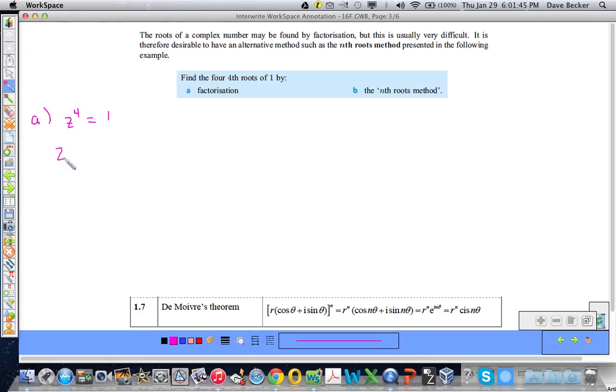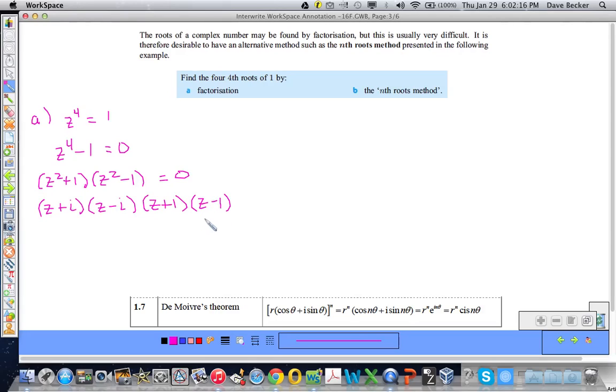By factorization, if I move 1 over, I get z to the fourth minus 1 equals 0, easy peasy, which is equivalent to z squared plus 1 times z squared minus 1 equals 0. Further factoring, we get z plus i, z minus i, and then of course z plus 1 and z minus 1, equal to 0.